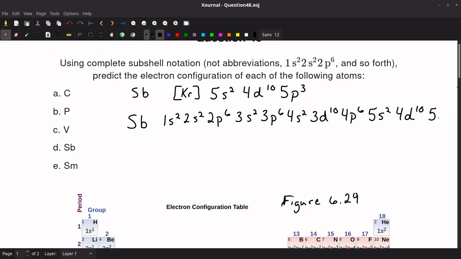So now we have the full electron configuration, our abbreviated electron configuration.